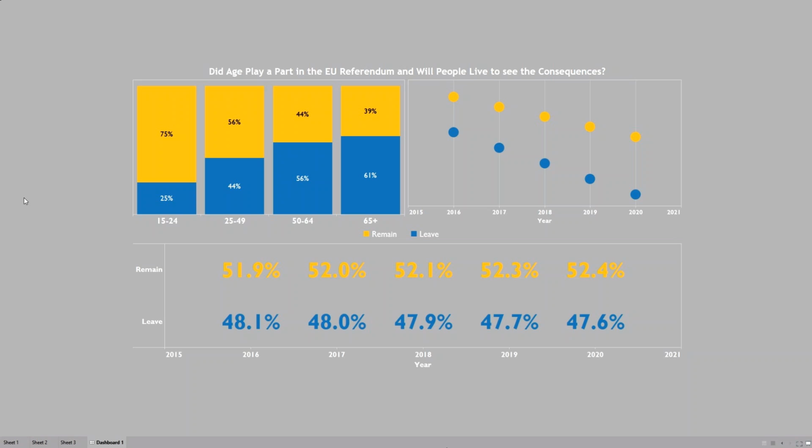Yeah, maybe. You know what would be awesome is if you could actually spit out an exact date, like the 15th of January, 2032, the day when it switches, when there are more Remainers who would have voted.